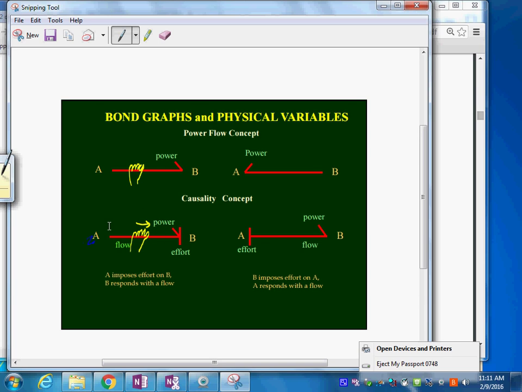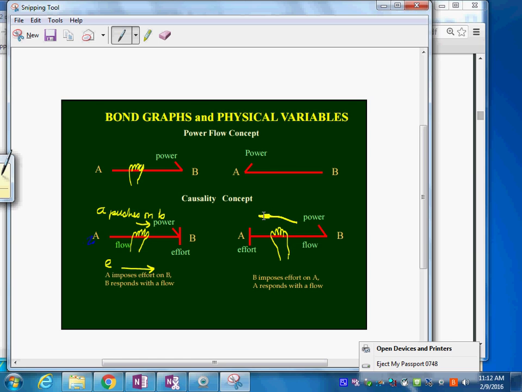If you do it the other way in here, let's say you're holding it like that, and you push in the direction of the little piston like it. It means that B pushes on A. So effort in this case is going from B to A. That's what it means.